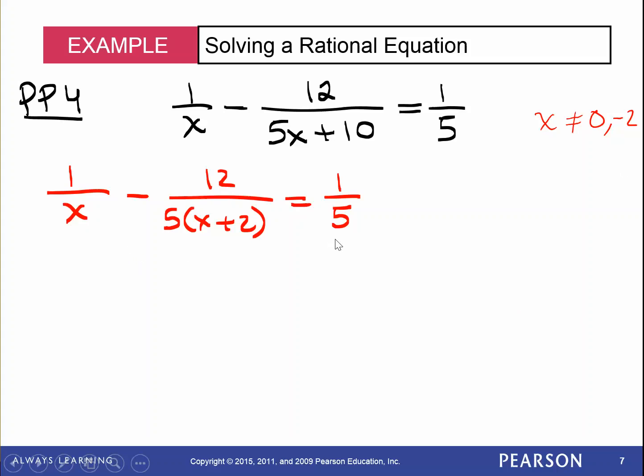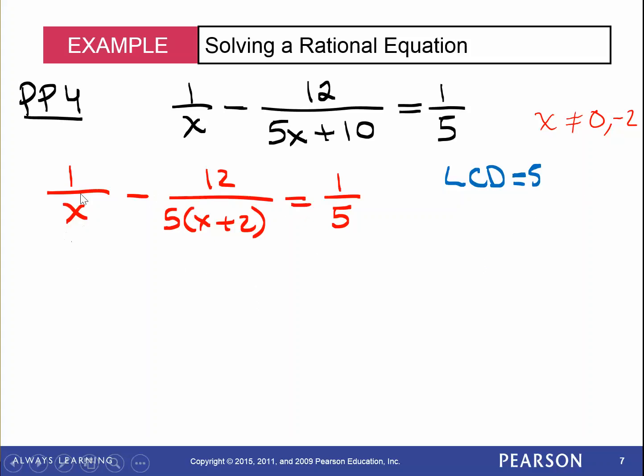How do we do this? We got to find something called the LCD, is that right? What is the common denominator? In fact, what we want to do is the least common denominator, which is the smallest one, because we can get bigger and bigger numbers. But what we do is maybe the first one is to look at the coefficients. I got a 5 over here, I got a 5 over here. I'm going to need a 5. That's given.